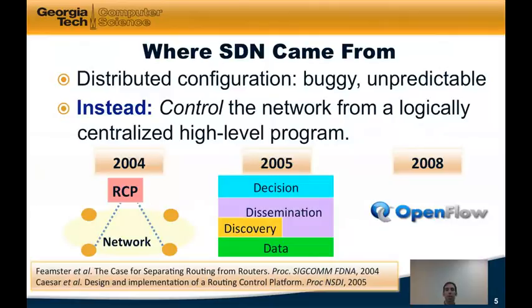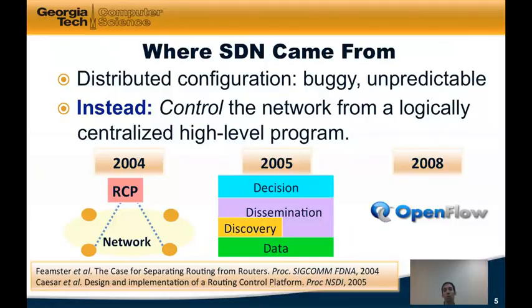So where did SDN come from? Fundamentally, it was motivated by the observation that distributed network configuration, that is a network where all of the network devices are configured independently in a low-level device-specific manner, can be very buggy and unpredictable. We did a lot of work about 10 years ago trying to build tools to cope with that unpredictability and bugginess.